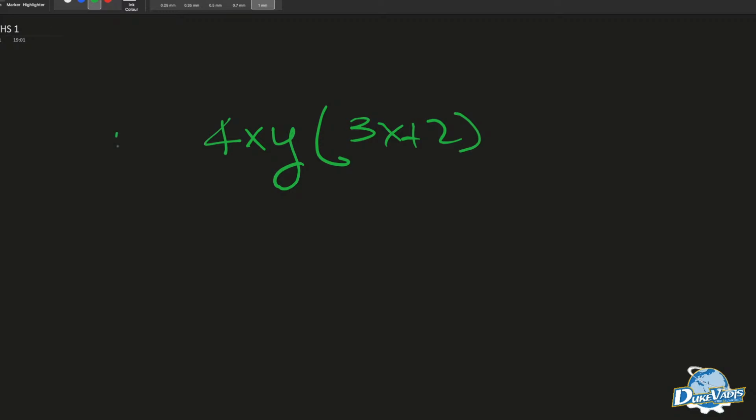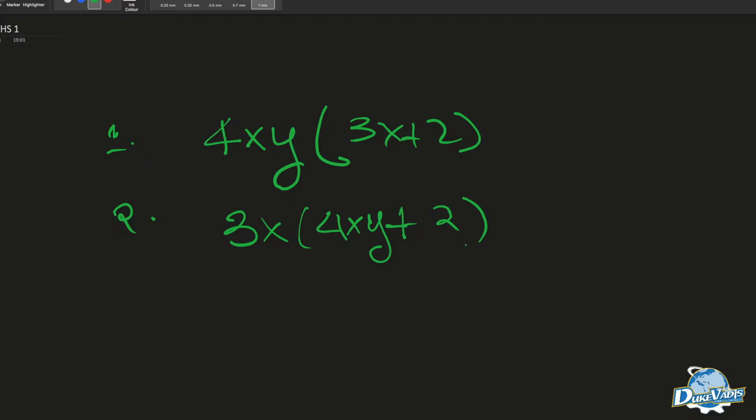And the second one says simplify 3x into bracket 4xy plus 2.